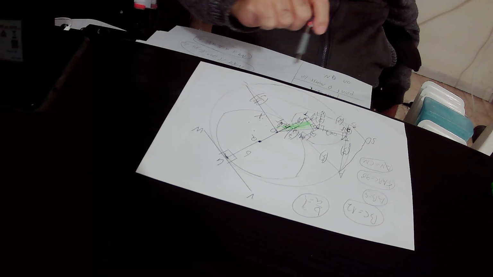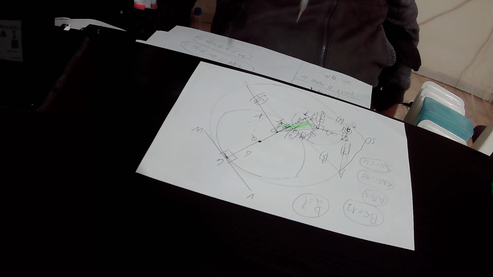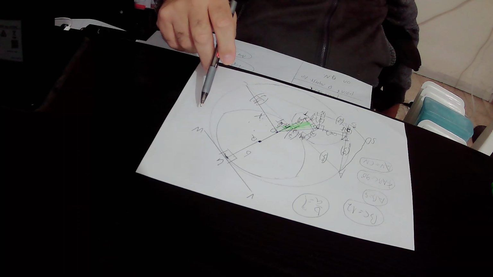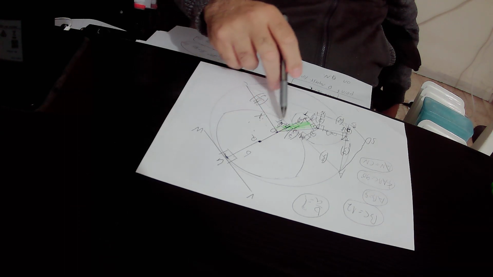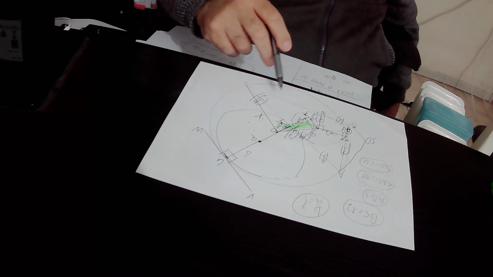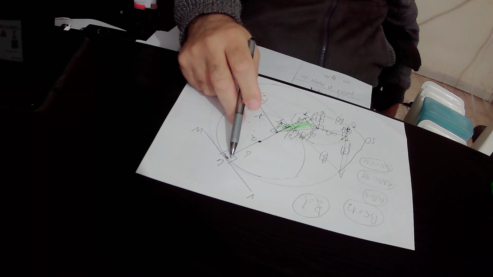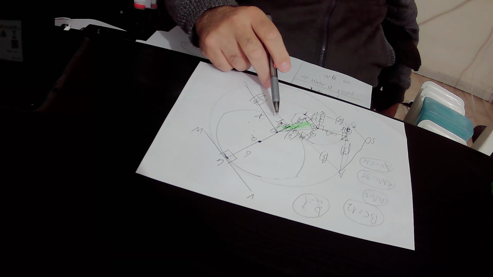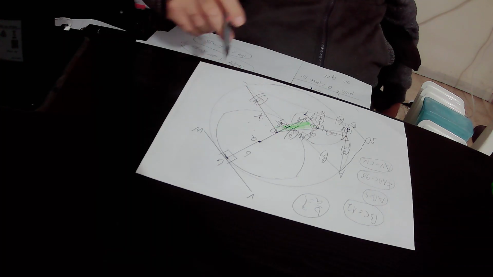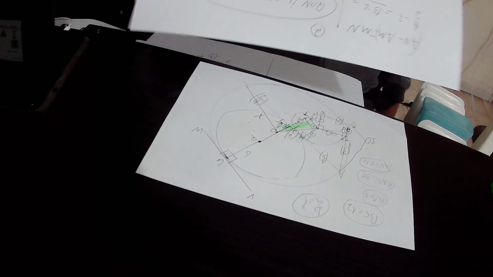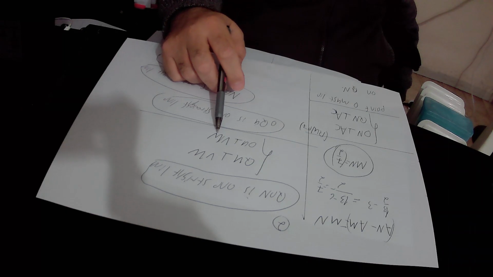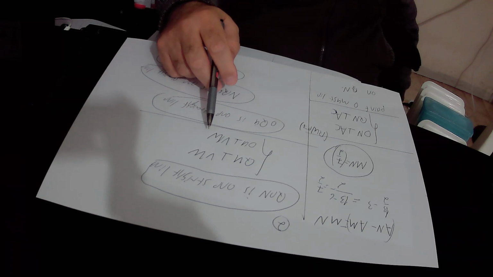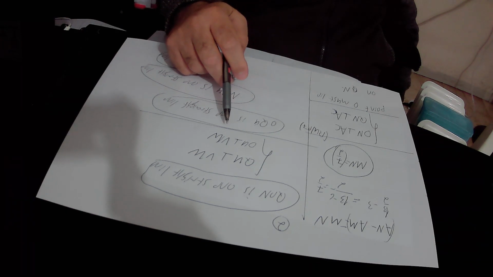Whenever a radius goes to the point of tangency, tangent VW will be perpendicular to the radius UO. That is to say, this angle equals 90 degrees, and this angle also equals 90 degrees. So OU is also perpendicular to VW. So QU is perpendicular to VW, and OU is also perpendicular to VW.